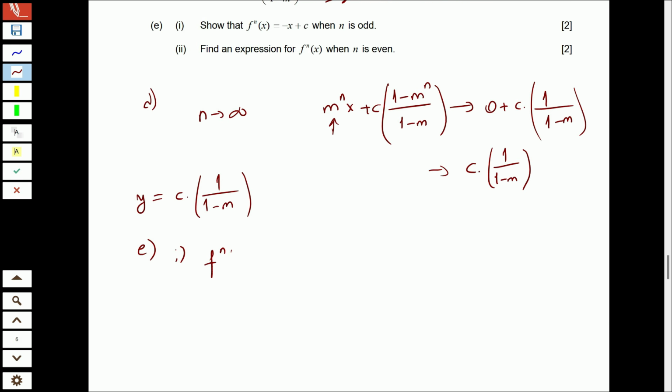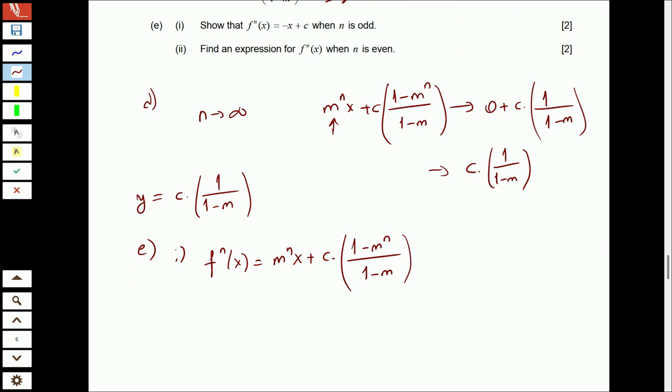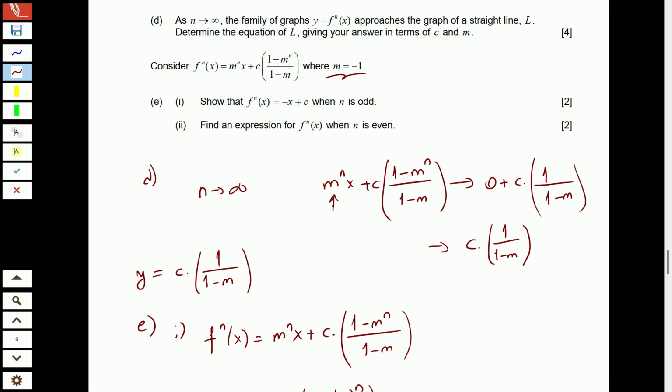Okay, let's write the function again itself. We're gonna replace m with minus 1 first. So it will be minus 1 to the power of n here, right? Divided by, in here, 1 minus 1. I know that n is odd.